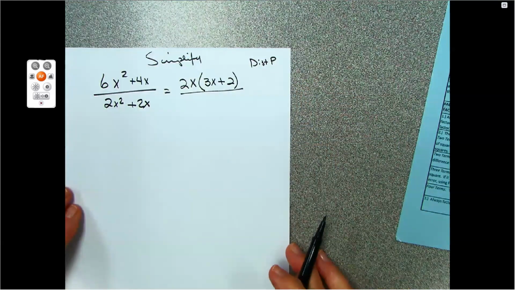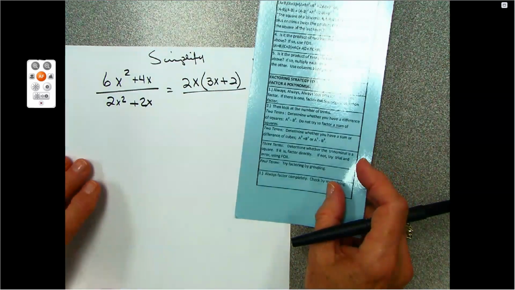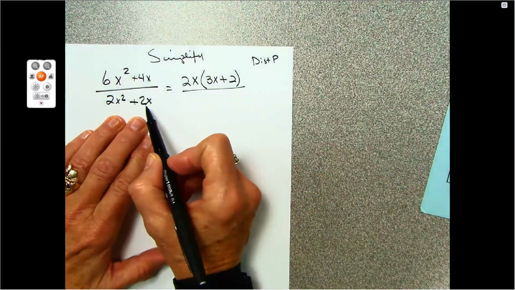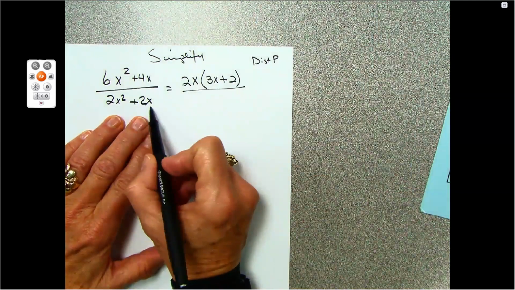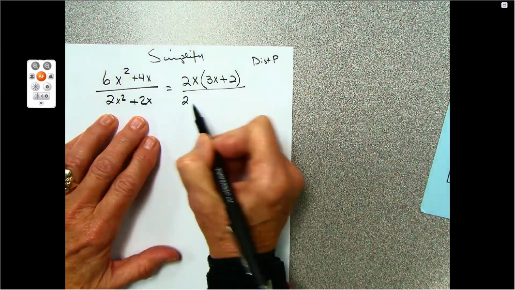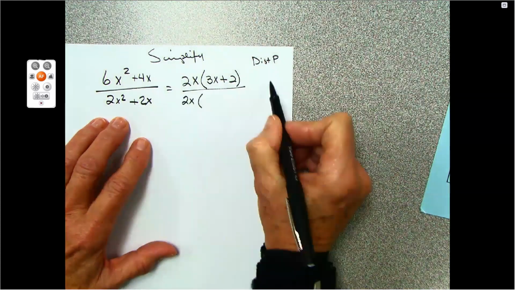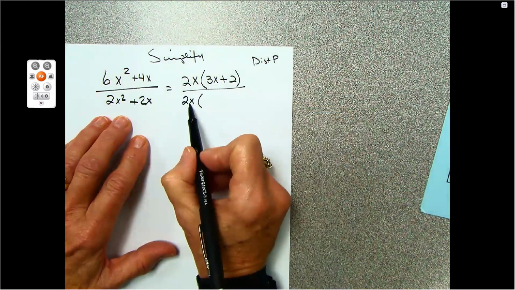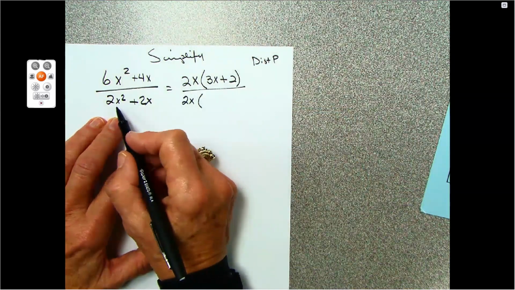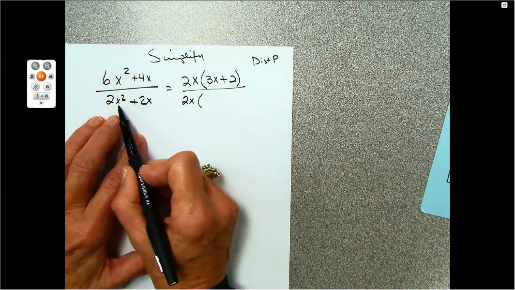In the denominator, same thing. We're factoring. I look at my factoring a polynomial checkoff list, and we should look for a greatest common factor first. Do you see a greatest common factor in these two terms? There's a 2, and there is an x. So the distributive property in reverse, 2x times what will give you 2x squared? 2x times what gives us 2x squared?